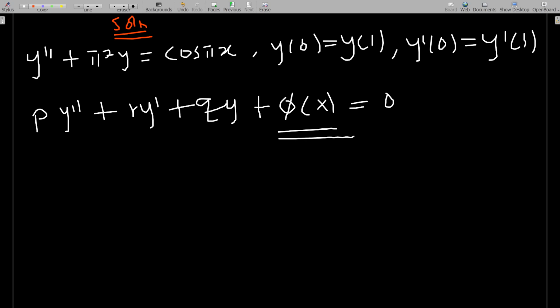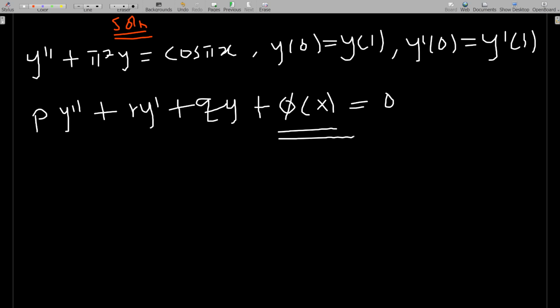and phi of x is a function of only x. If phi of x is a function of only x, then you are solving the BVP using Green's function. We'll consider a case where phi is a function of both x and y later, and that is a different topic. Here we consider it as a function of only x.